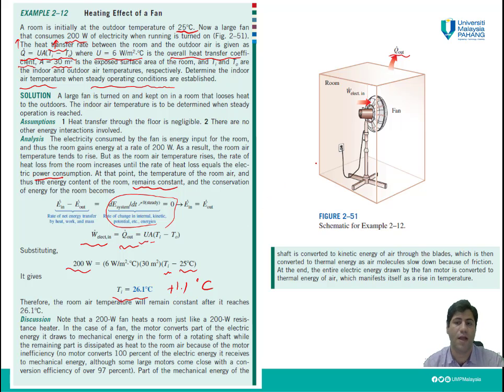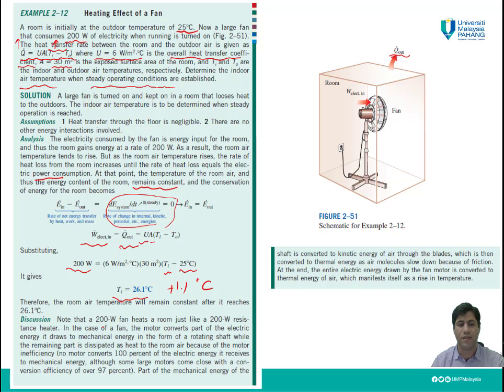Why? Because we use a large fan for this room. Also because we didn't use good insulation materials to reduce this Q dot out. But the main problem is the fan actually. The fan should be selected according to the size of the room.